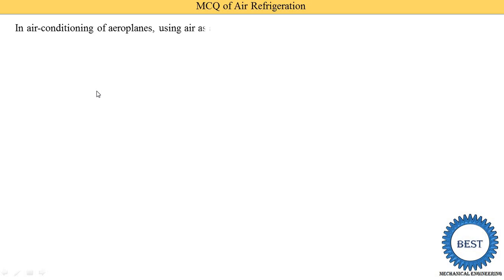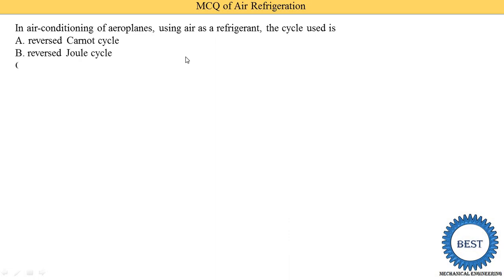In air conditioning of aeroplanes using air as a refrigerant, the cycle used is: reverse Carnot cycle, reverse Joule cycle, reverse Brayton cycle, or reverse Otto cycle. So here answer C is given, but both answers are correct, B and C: the reverse Joule cycle as well as the reverse Brayton cycle.